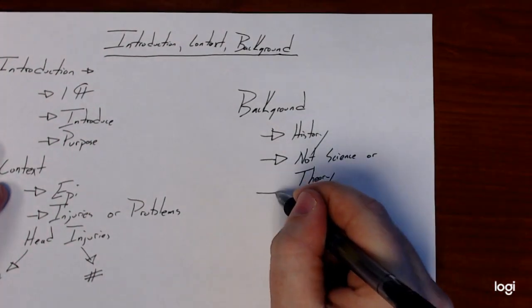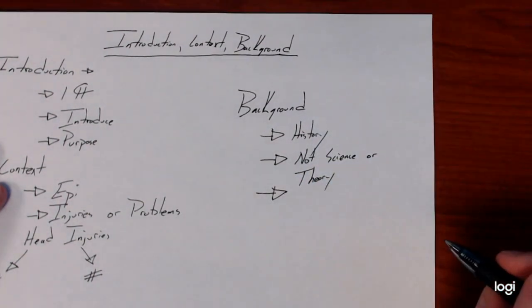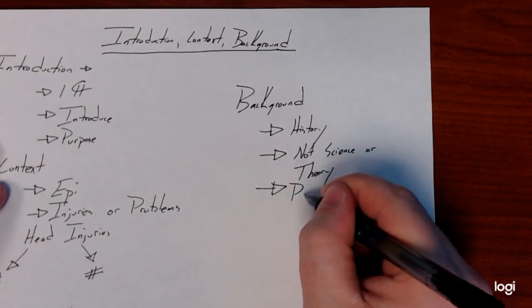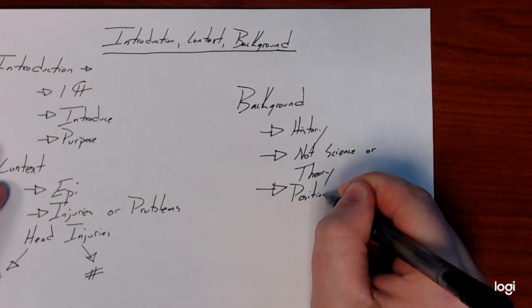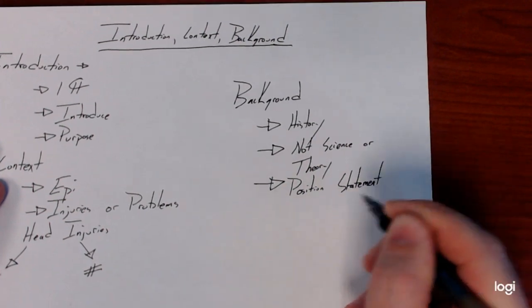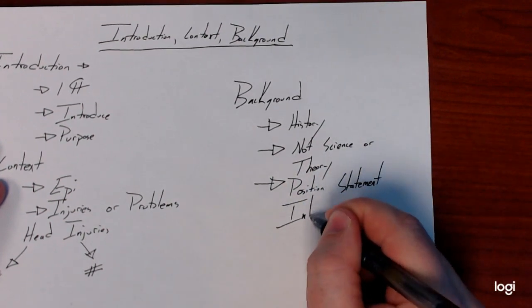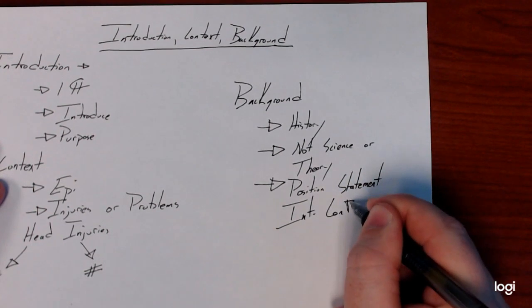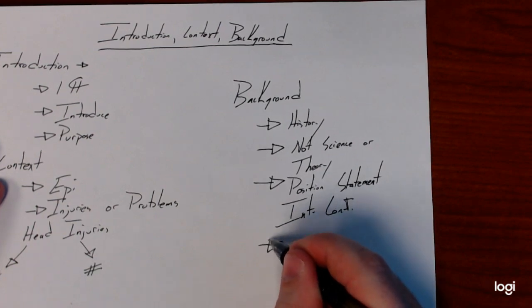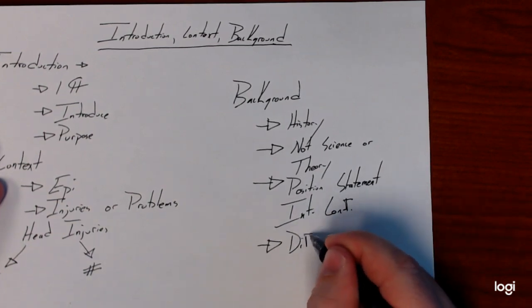So in this case, we might talk about how there have been position statements, international conferences, or different things like that that are trying to describe this historically difficult concept.